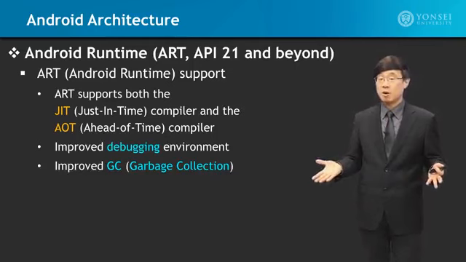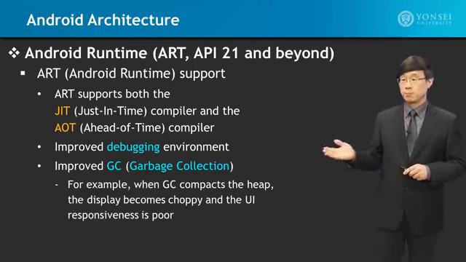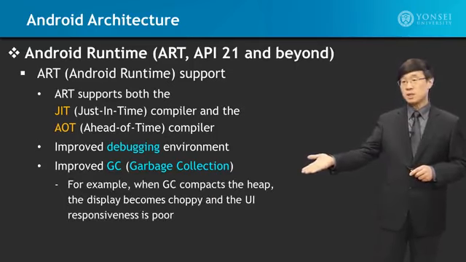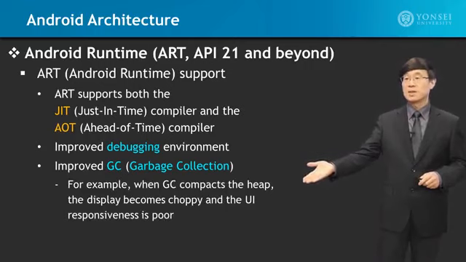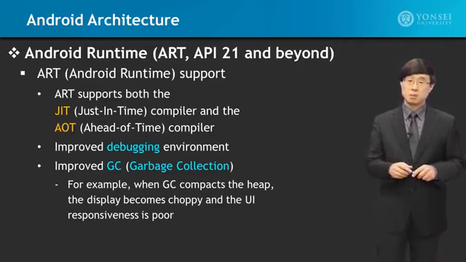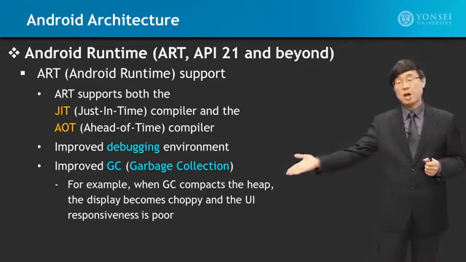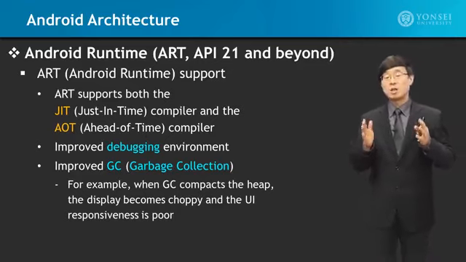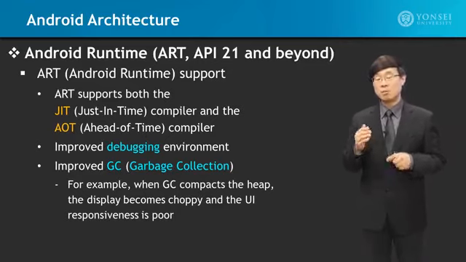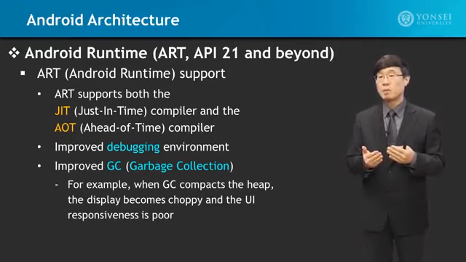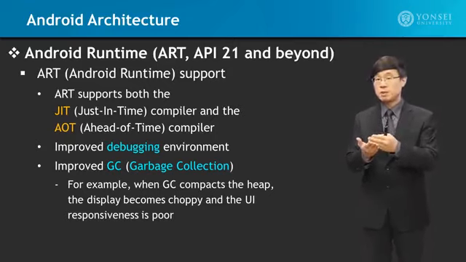What do you mean by garbage collection? Well, for example, when garbage collection compacts the heap, the display becomes choppy and the user interface responsiveness becomes poor. What do you mean? Well, this heap right here is talking about heap memory. On a smartphone, you have limited amount of processing capability supported by the chipset, the CPU, the GPU.